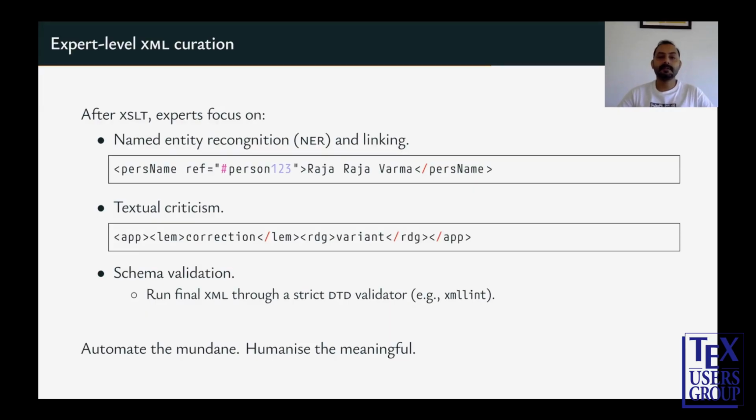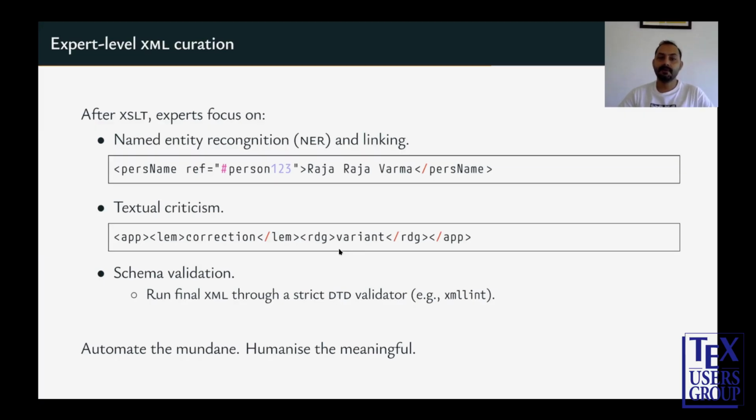One particular stage of XML generation has to do with the domain expertise. For example, if we have an archival document which requires enriching with additional semantic information such as named entity recognition and linking, or critical apparatus, for example, the apparatus, lemma, and reading, this can be added during the HTML to XML conversion process.